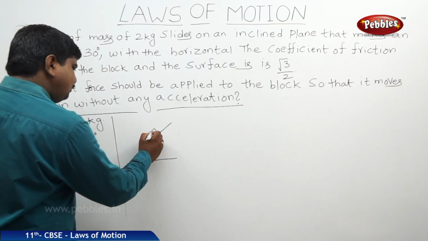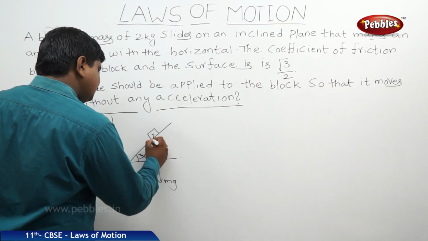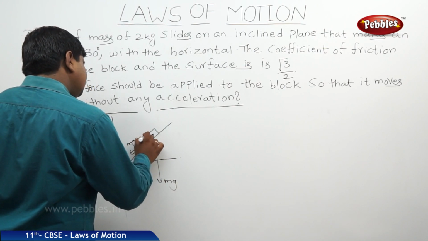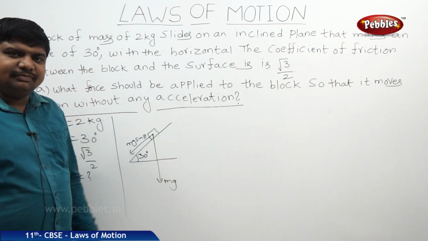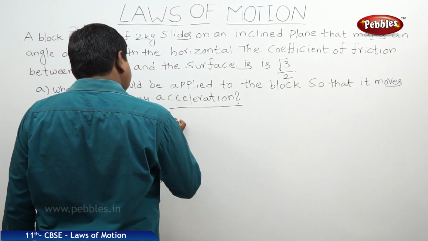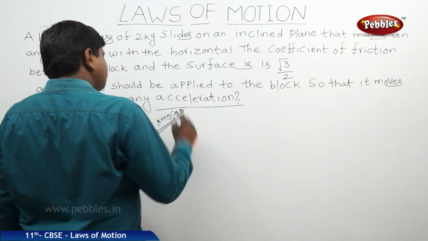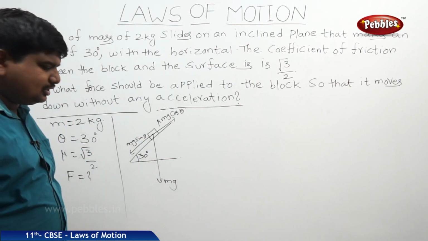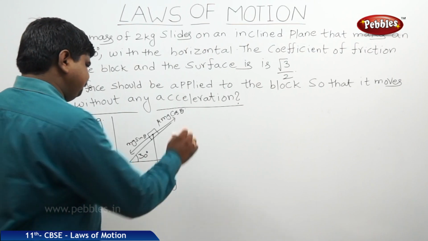If you resolve the force components, this is mg. This will be mg sin theta. So automatically the opposite direction will be mu mg cos theta, because the applied force should be balanced by the friction force. So F plus mg sin theta is equal to mu mg cos theta.